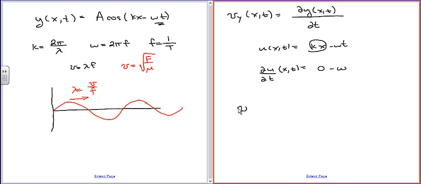So v sub y is just A, the amplitude from the original equation, times omega times the sine of kx minus omega t. So the partial derivative doesn't change the argument. It only affects the chain rule part, and there's actually a negative sign here.